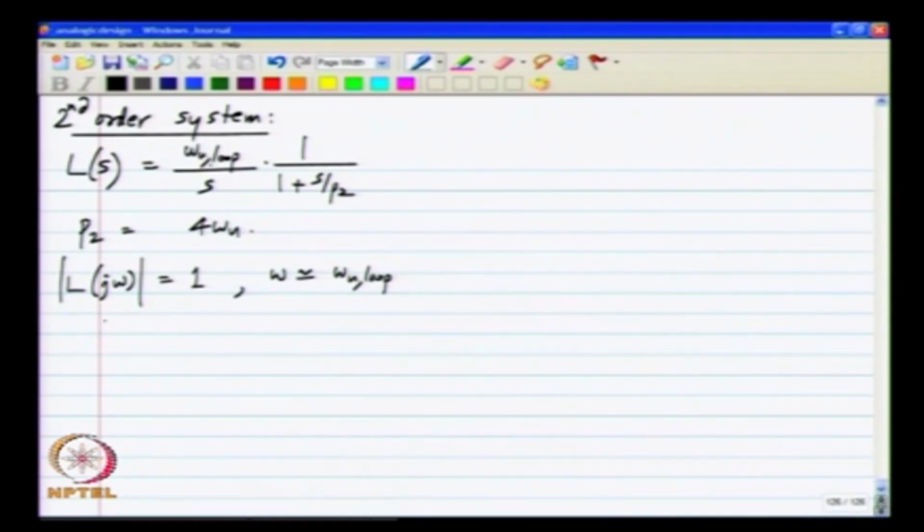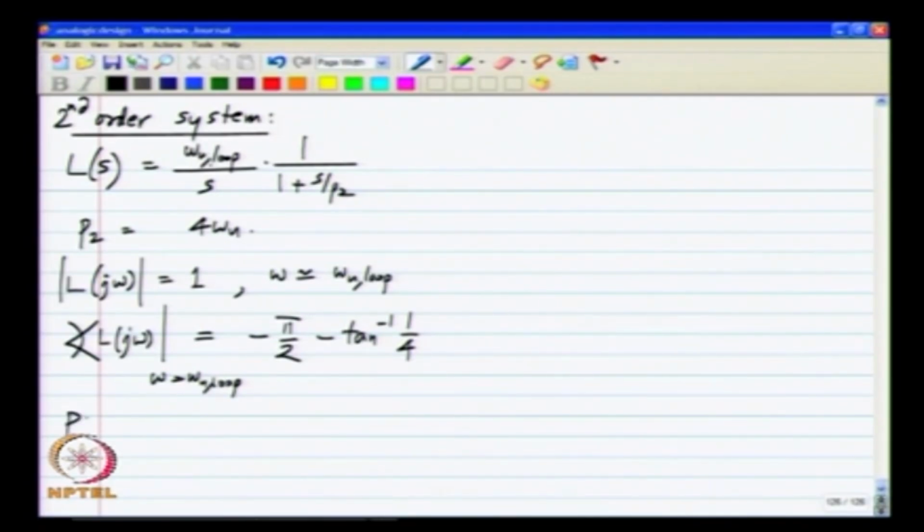So, the phase angle of L at the unity loop gain frequency is given by minus pi by 2 due to the integration minus tan inverse 1 by 4 due to the second pole, and the phase margin P m, which is pi plus the angle.